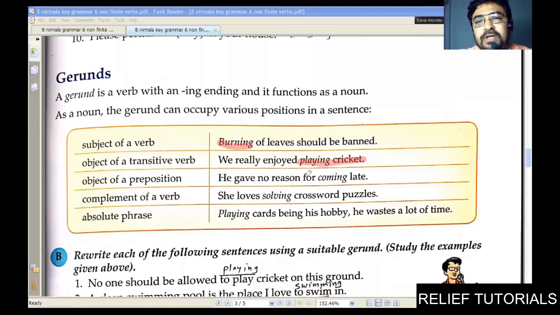If you get that particular noun in the answer, that would be an object. So let's ask the question with what. He gave no reason for what? For coming late. So coming is actually the object of what? The preposition for. As it is in the ing form, it is called a gerund and is an example of what? Non-finite verb.